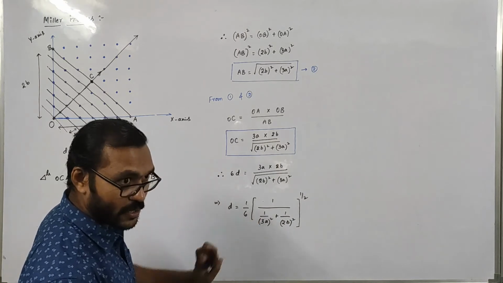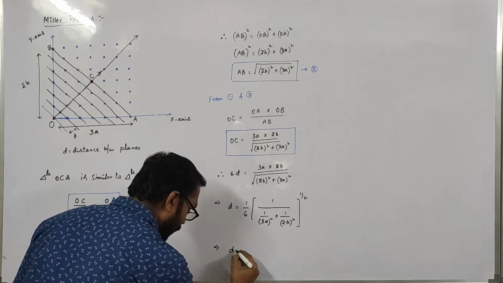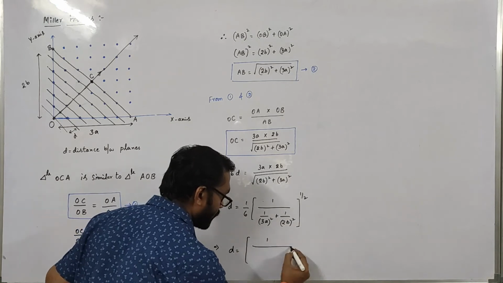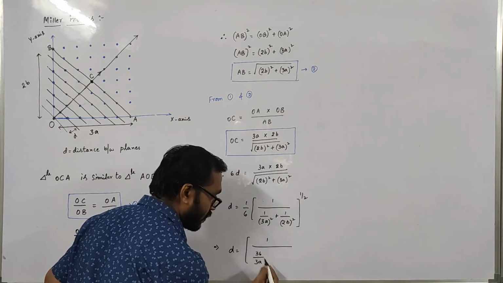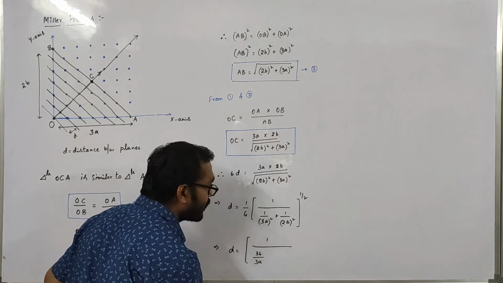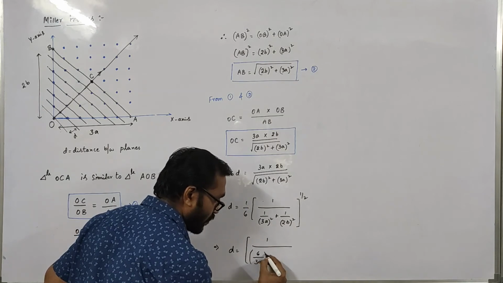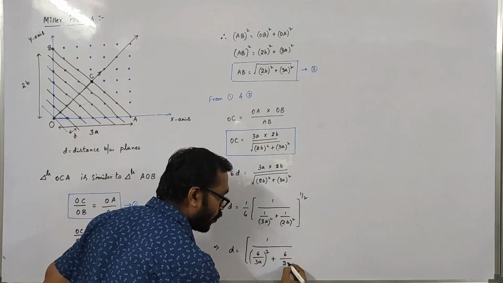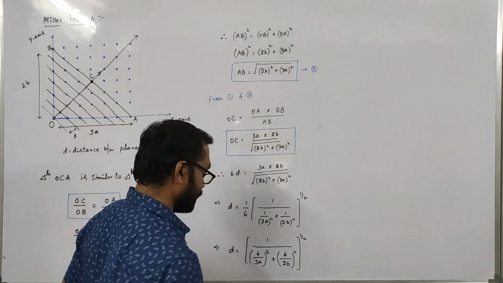Then D equal to 1 by 3A whole square upon 6 whole square plus 6 upon 2B whole square, whole power 1 by 2.